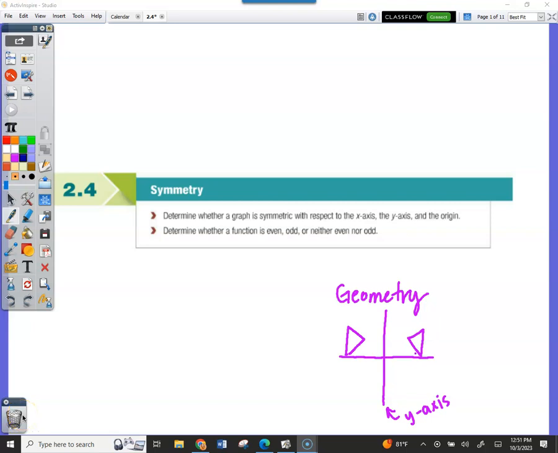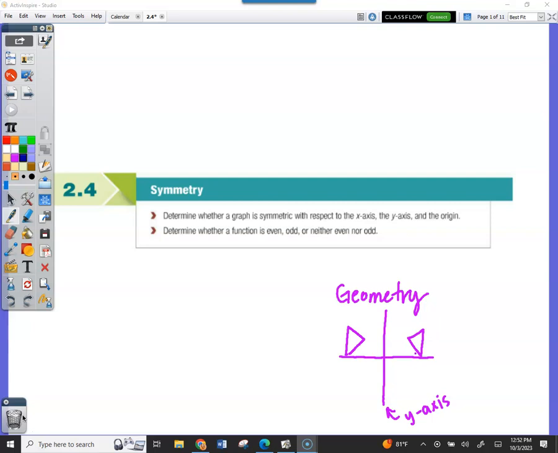Looking at symmetry. This should look familiar from geometry. For instance, in geometry, you may have a pre-image and it may reflect over the y-axis, and then the image would be graphed, and you would have symmetry about the y-axis, because if you were to fold that along the y-axis, it would match, right?